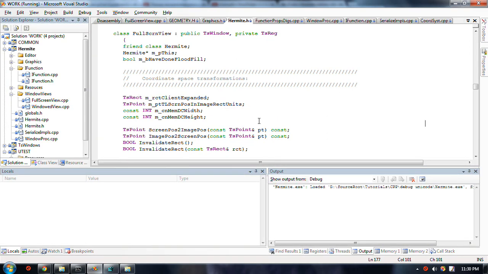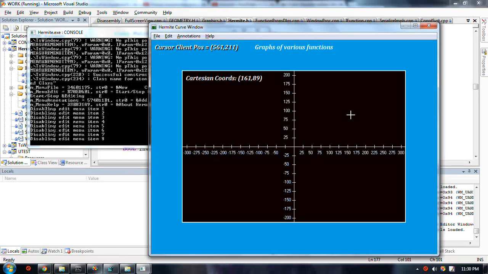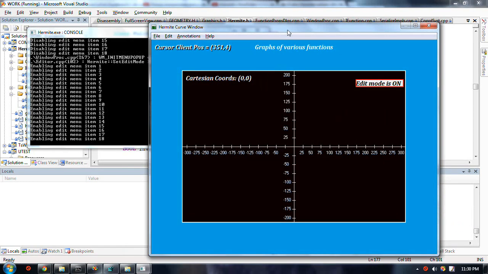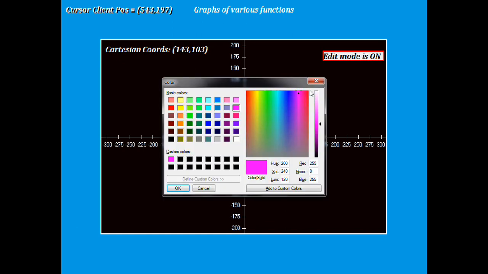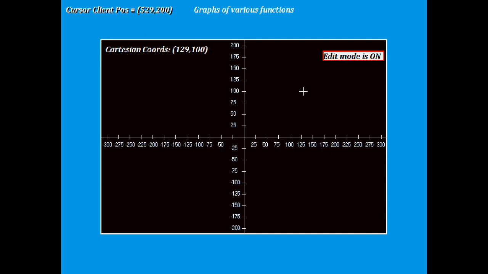Let me just make it big. Now, it's very easy for us to understand something like this two-dimensional Cartesian coordinate system, where we have the point, and I make these a little bit bigger.